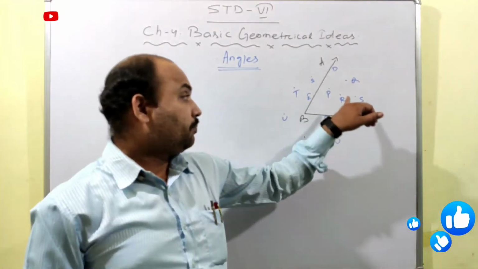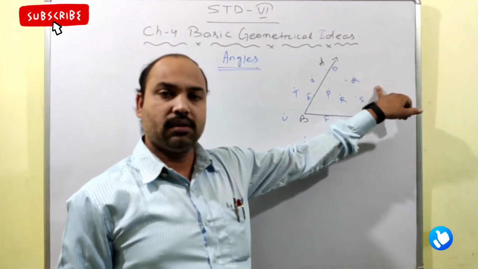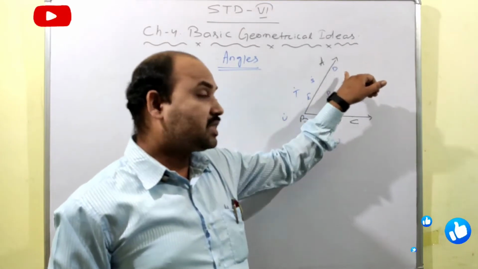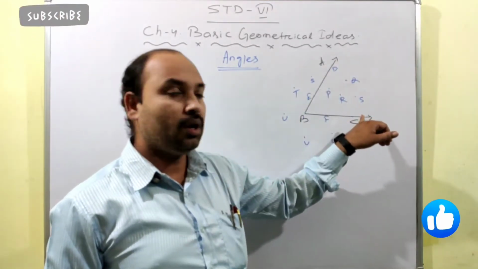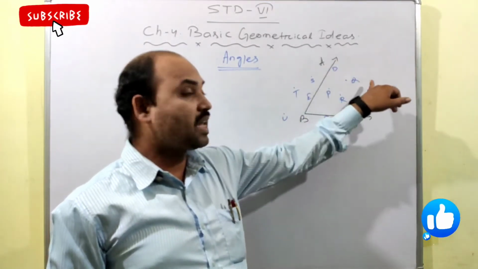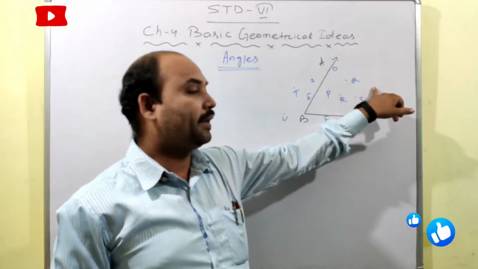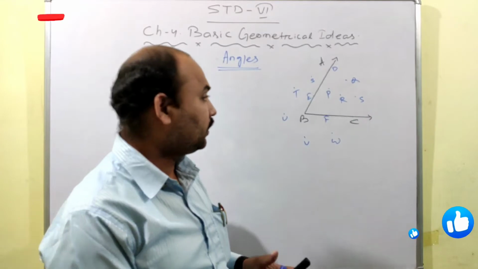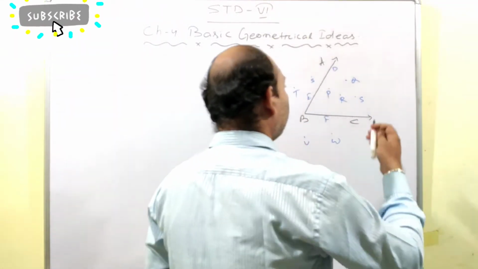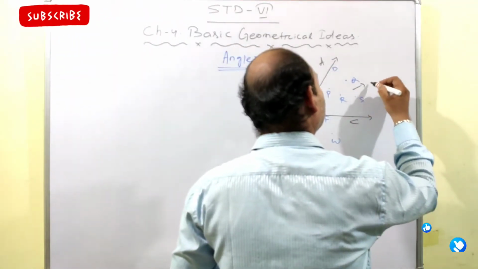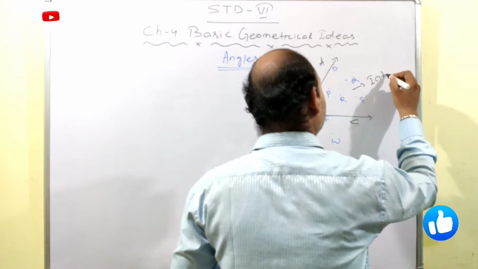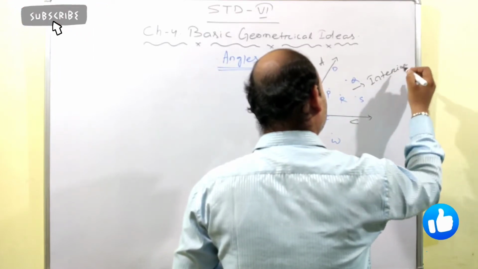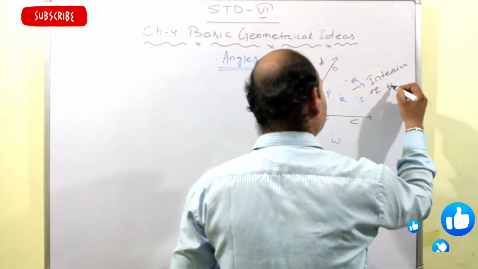So see, the points which lie inside the two arms, or you can say on the same side of the two arms, this part is known as the interior of the angle.